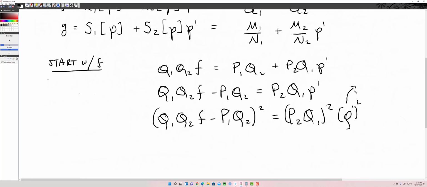Now this is 4℘(z) cubed minus g2 ℘(z) minus g3. Okay?